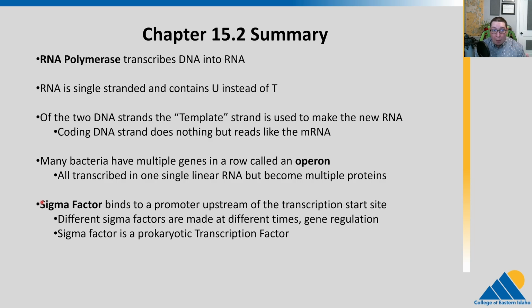The sigma factor binds to a promoter sequence upstream of the transcription start site. There are different sigma factors that are made at different times that recognize different promoters. This is a process we call gene regulation. The sigma factor is an example of a prokaryotic transcription factor. We will talk about more detailed transcription factors in eukaryotes in the next section. All right, that's it for 15.2.